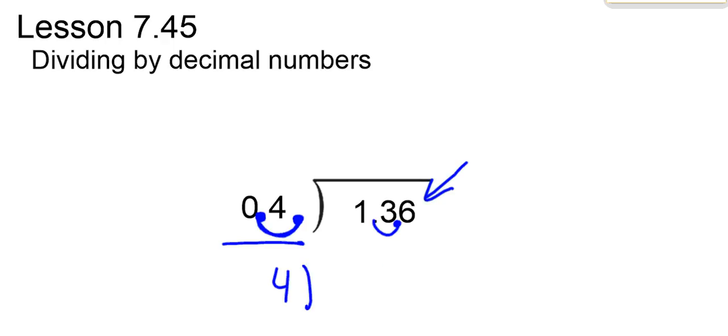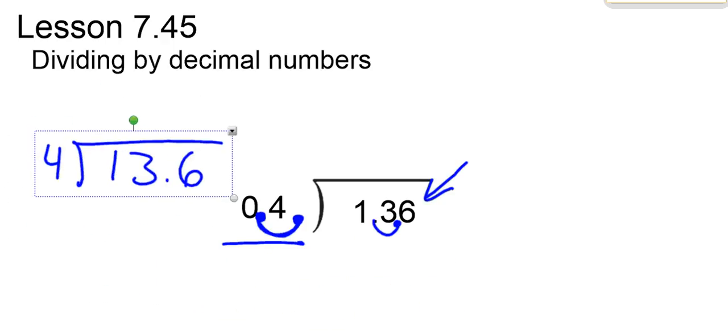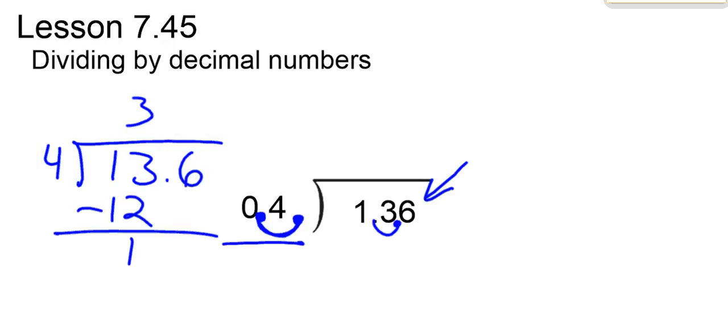In the end, my new problem becomes 13.6 divided by 4, and I can solve it. 4 goes into 13 3 times. 3 times 4 is 12. Subtract. The decimal goes straight up. 6 comes down. We get a final answer of 3.4.